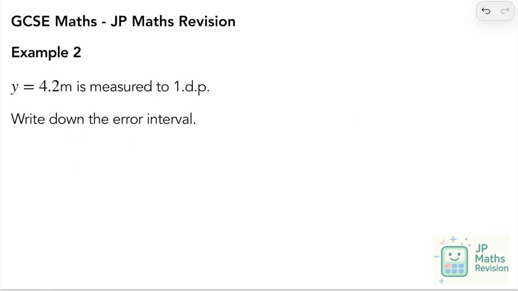So this one here, we have 4.2 metres to one decimal place. So again, if we draw a number line, we have 4.2 metres and it's to one decimal place. So we're going to put the decimal places either side of 4.2. So that's going to be 4.3 and 4.1. So to find the error interval, we find the midpoint between the two. So this one is going to be 4.15 and this one is going to be 4.25.